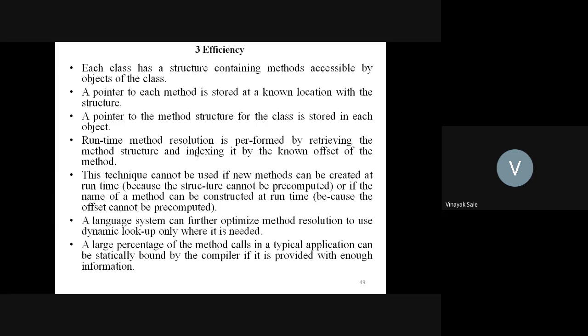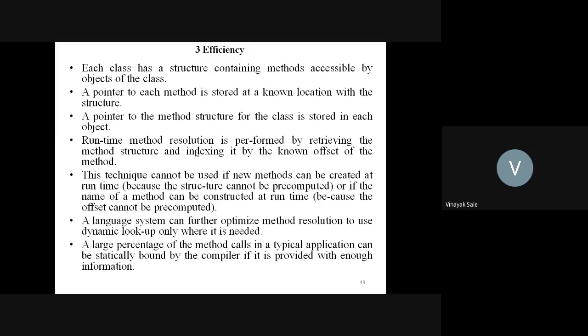Then third is efficiency. Each class has a structure containing methods accessible by objects of the class. A pointer to each method is stored at a known location within the structure.